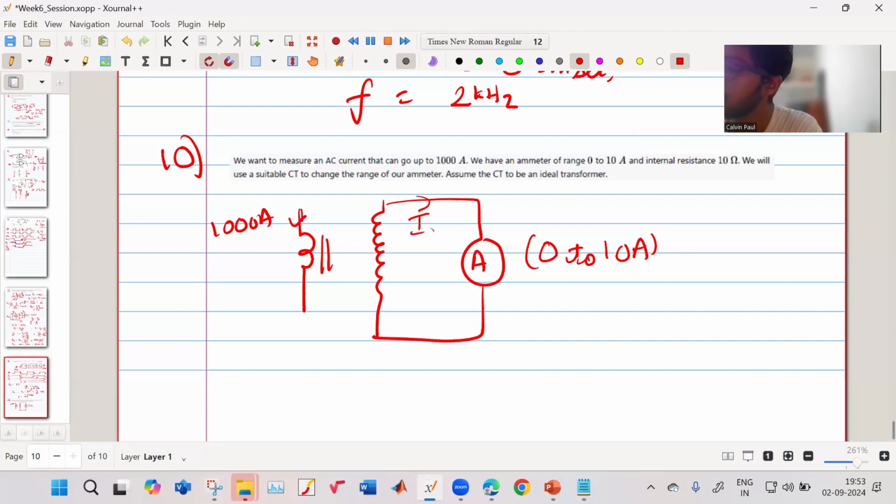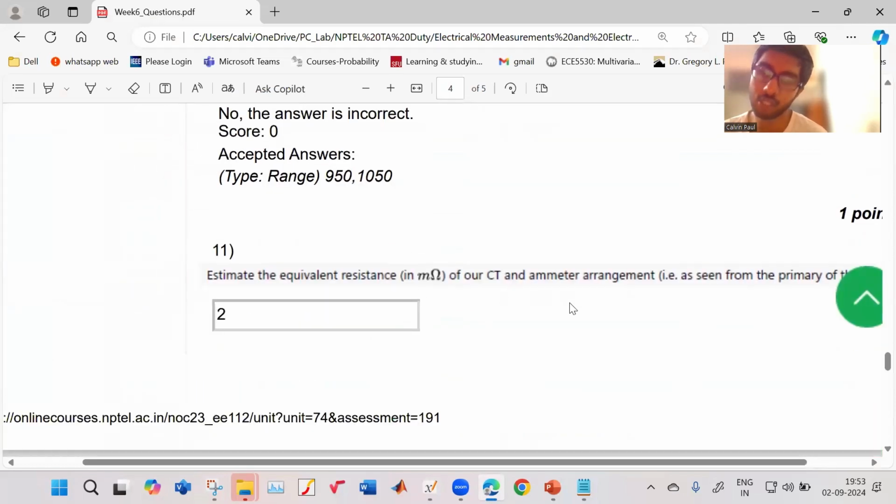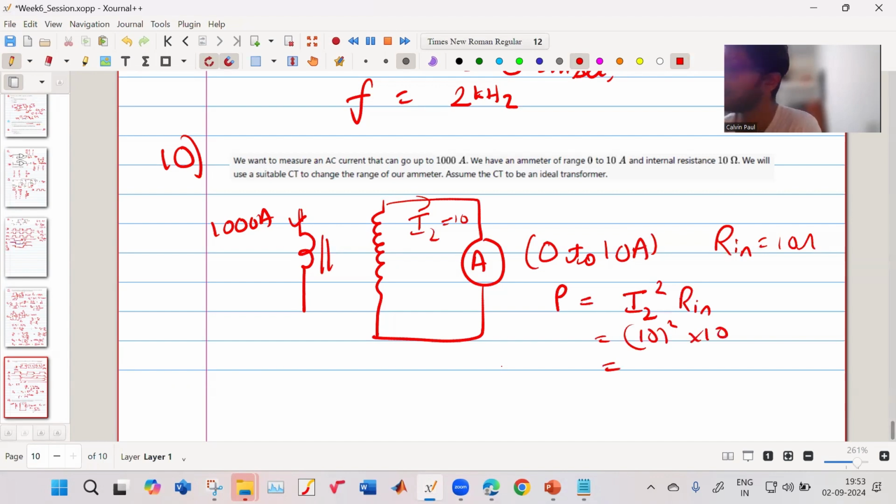So your I2 maximum is 10 ampere, and the internal resistance is 10 ohm. We assume the CT to be an ideal transformer. What are they telling us to find? The power and the equivalent resistance in milliohm, like the same thing which we did for the potential transformer. So what is the power? It is equal to I2 square R internal, 10 square into 10. So that is equal to how much? 1000.